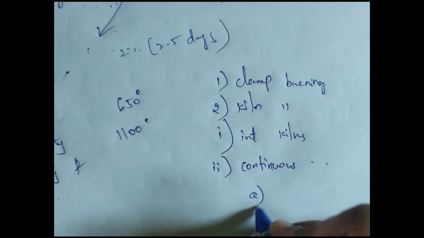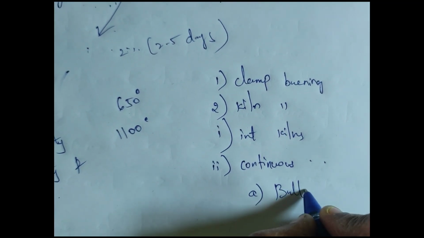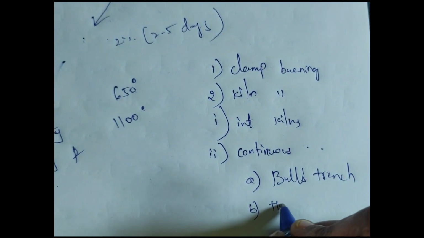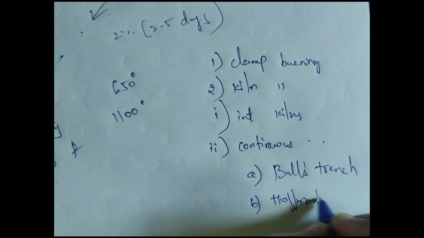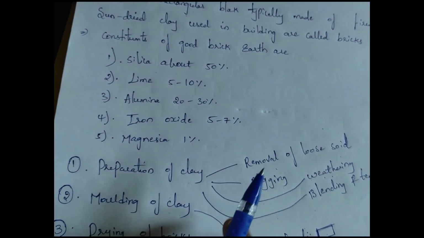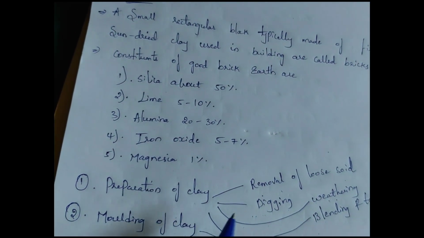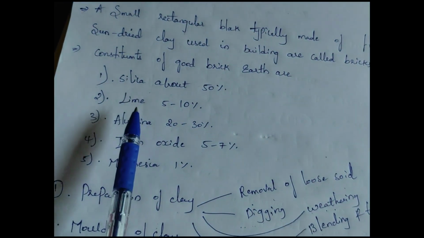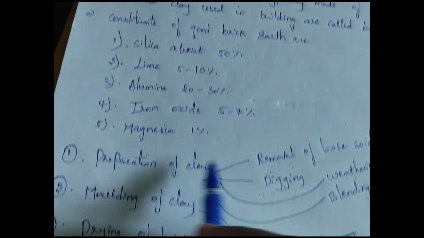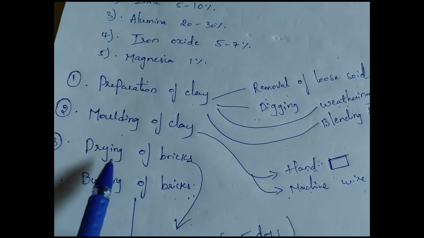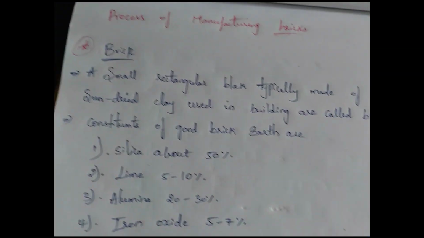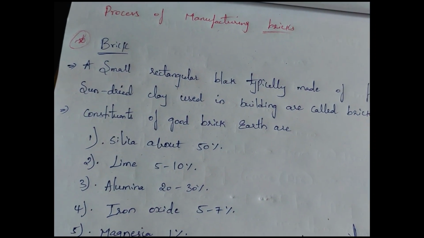In continuous kilns there are Bull's trench kiln and Hoffman's kiln. This is the manufacturing process of bricks. We have learned what a brick is, the constituents of good brick, and the process: preparation of clay, molding of clay, drying of bricks and burning of bricks, in detail.